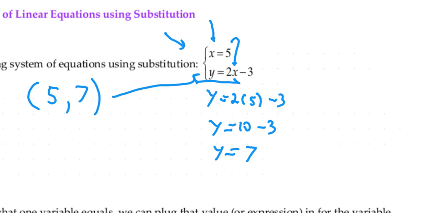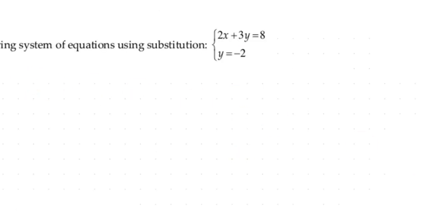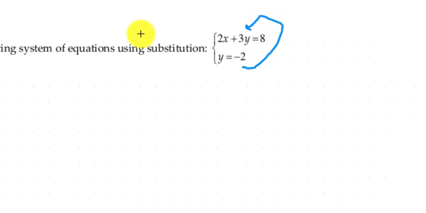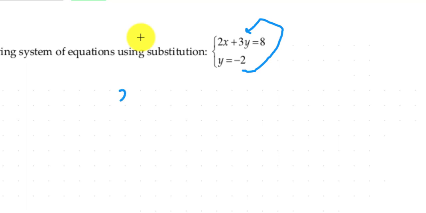Let's look at another example. For this second example, we know y equals -2. So I plug in -2 for y, and I'm left with 2x plus 3 times -2 equals 8. So I'm now left with 2x minus 6 equals 8.